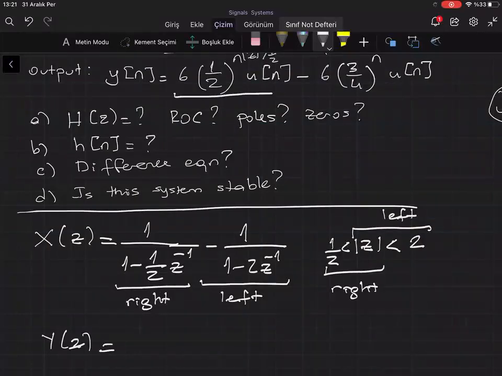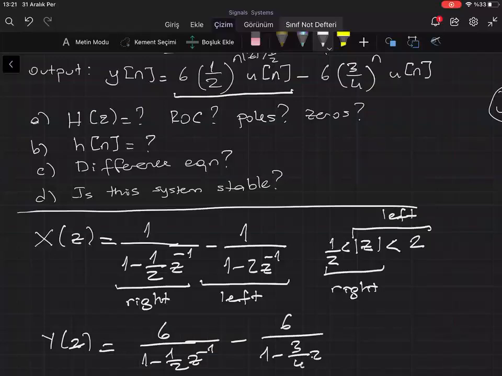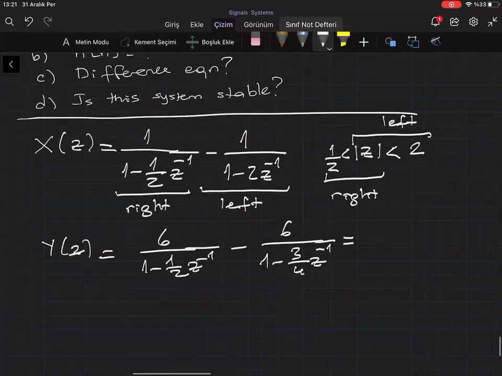It is easy, right? So the first part is 6 over 1 minus 1 over 2 Z to the power minus 1, minus 6 over 1 minus 3 over 4 Z to the power minus 1. Now I want you to write using direct message or private message what H of Z is.